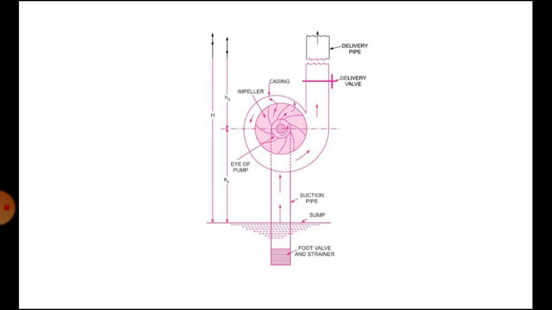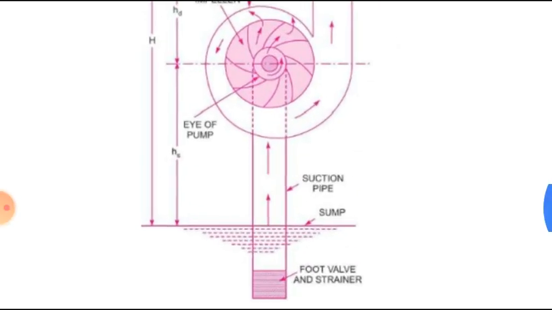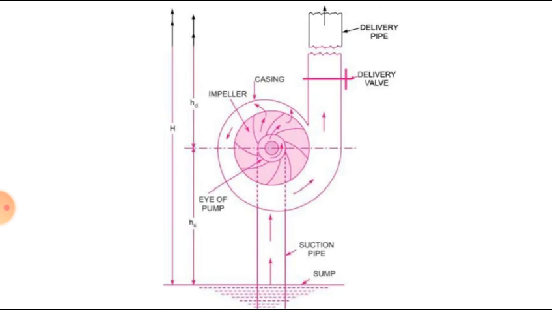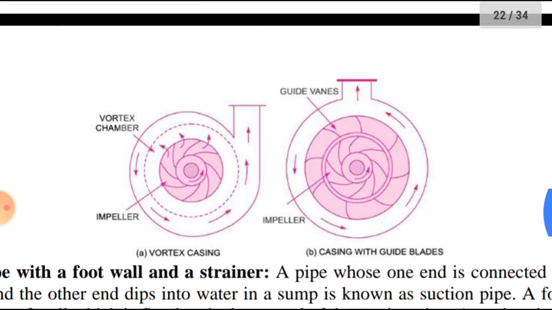So HS plus HD plus HS. We need to get the relations between HS and HD. So we can apply the Bernoulli's equation. We can find it.